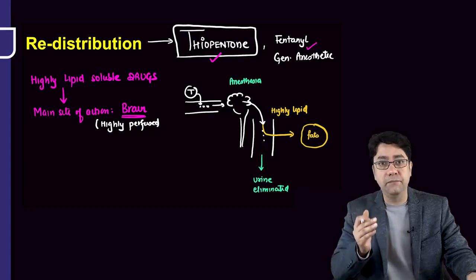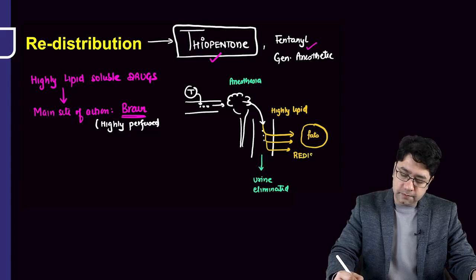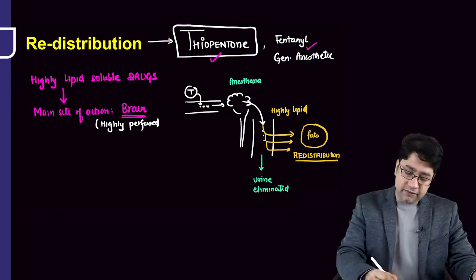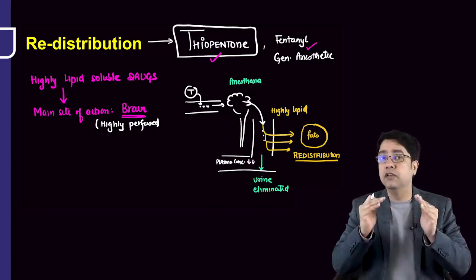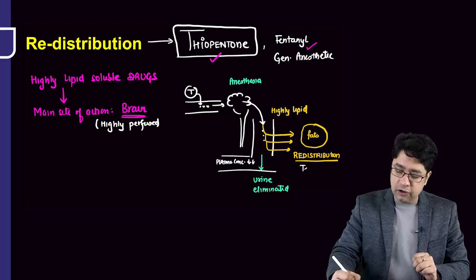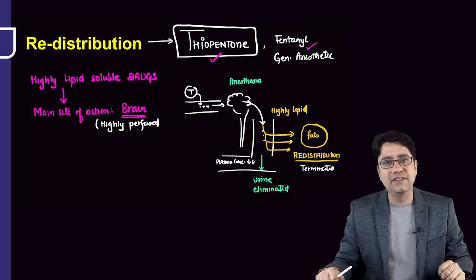This process is known as redistribution. So can we say because of this reason, its plasma concentration will fall? Now in plasma, the amount of thiopentone is very less. Because of this reason, the action of thiopentone on brain is over and the person will wake up now.